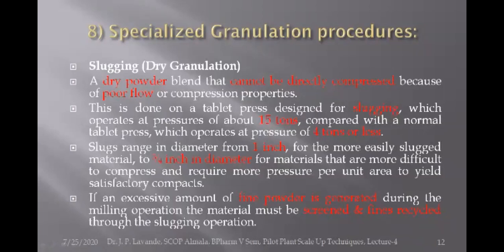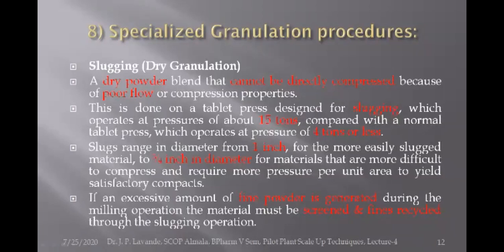Slugs range in diameter from 1 inch for the more easily slugged material to 3/4 inch in diameter for the materials that are more difficult to compress. If the materials are easily compressed, their size is up to 1 inch.